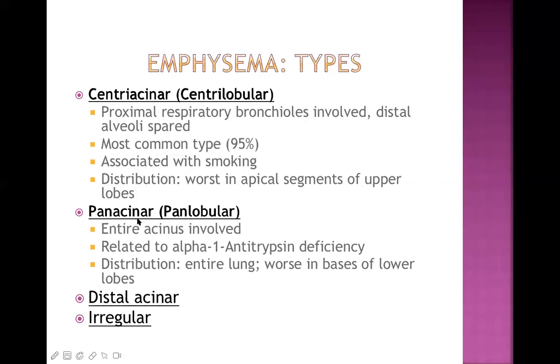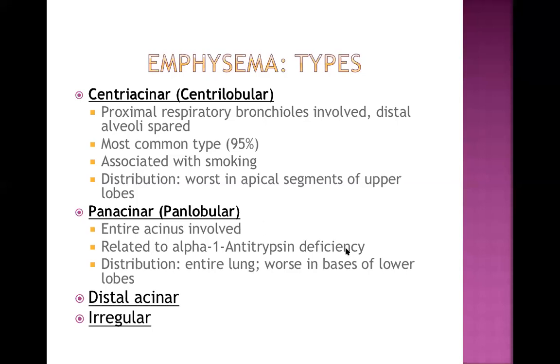Another type is panacinar or panlobular. Alpha-1 antitrypsin deficiency, because of a hereditary condition or genetic defect, leads to panacinar emphysema. So you can highlight this, or copy this in your notebook. This is a very important MCQ question which may be asked in the exam.